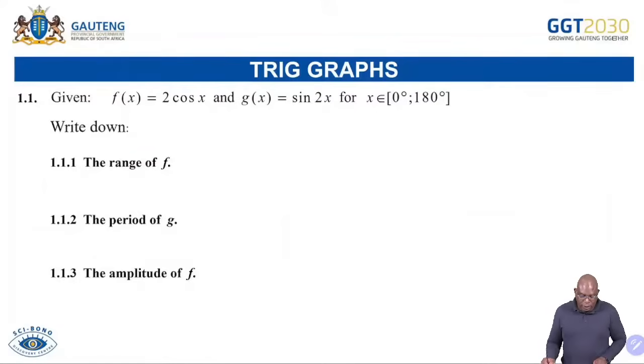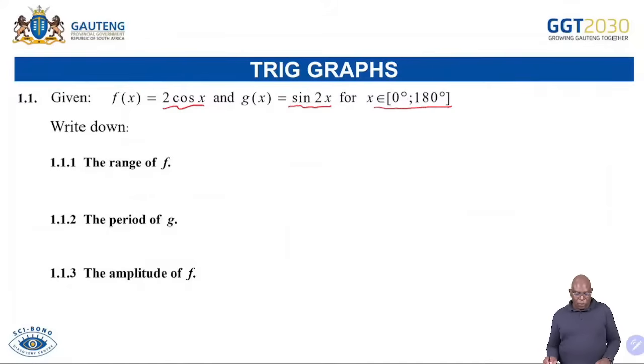The question here, you are given f of x, which is your 2 cos x graph. The g of x is sine 2x. This is your interval, where your graph starts and where your graph will end. So you cannot have a 0 to 360 graph when you are given that it must start from 0 to 180. And those two values are included.